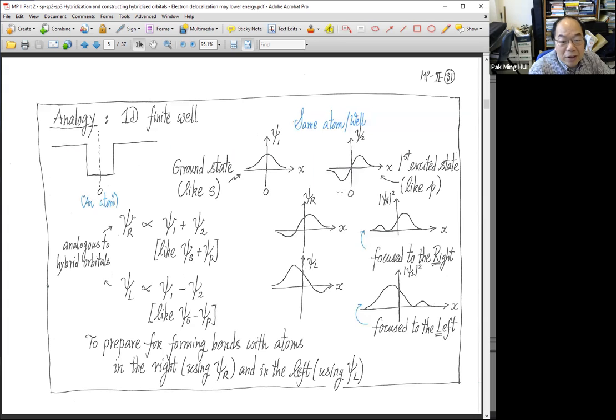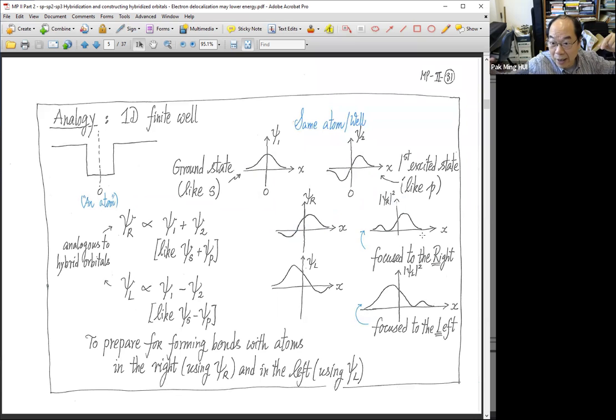So now, if you add them together, positive added to positive is more positive, right? And this positive added to the negative becomes something weaker on this side, and there is a negative part. You do the square, the probability density, it looks something like that, okay?